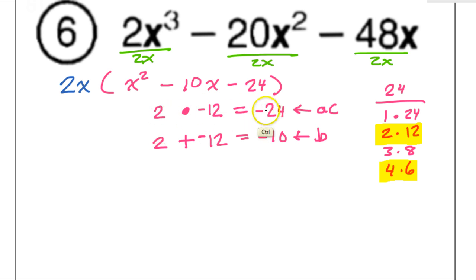That does give me -24, which is what I wanted. So we found a winner. So this is what we're going to use. So 4 times 6 wouldn't have worked. To make -10, I could have done -4 and -6. But -4 times -6 would have been +24, which is why that one actually doesn't work.